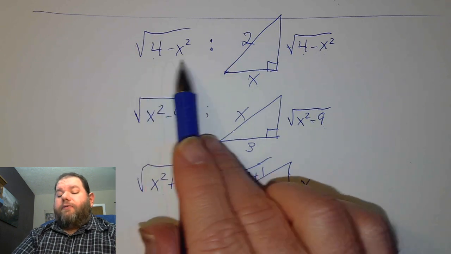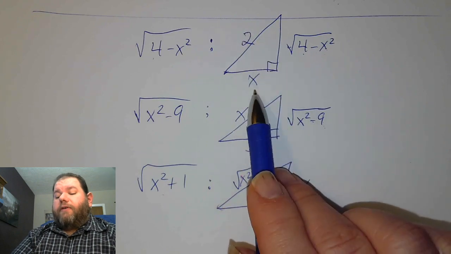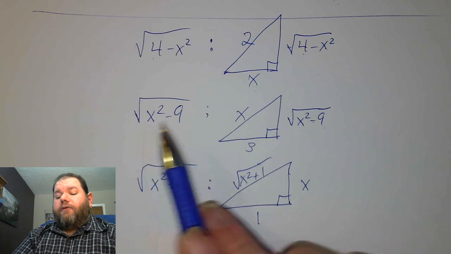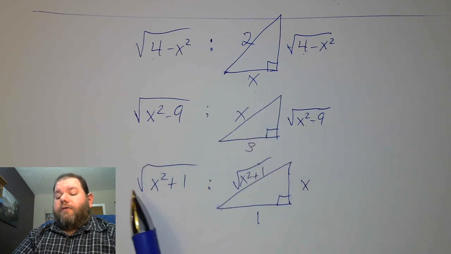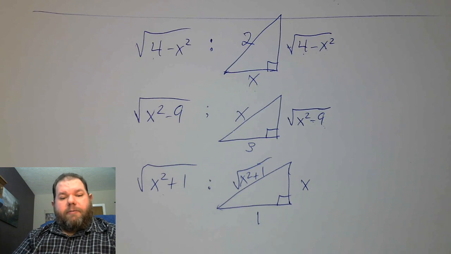So if we have a difference of squares where the constant is first, we have constant, x, square root. A difference of squares where the x is first, we have x, constant, square root. And a sum of squares, so we have our square root, x on the right hand side, constant on the bottom.